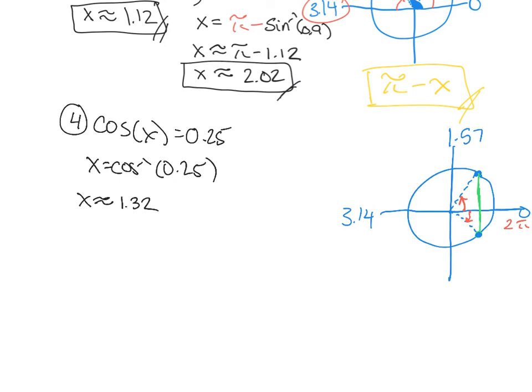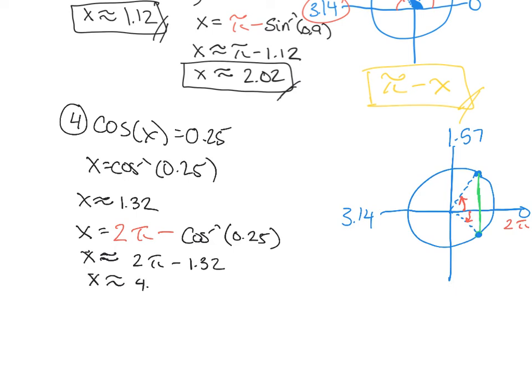So what we're going to do is say, hey, this is really x is equal to 2 pi, our whole circle, minus whatever our previous answer was. So in this case, it's cosine inverse of 0.25, or you can look at that approximate, 2 pi minus 1.32, or about 4.97.